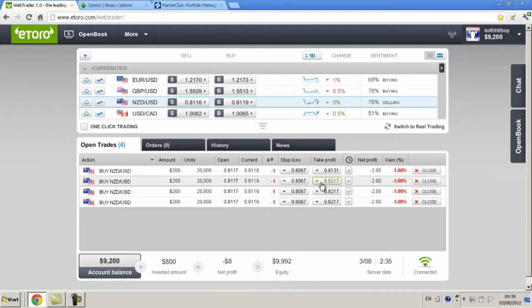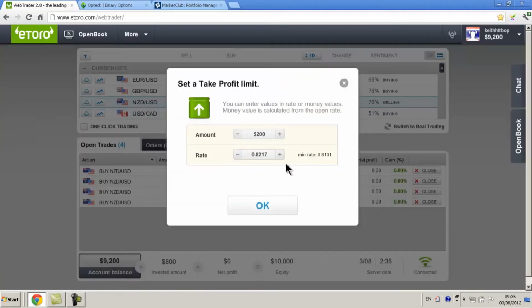Now the next one, these next 2, number 2 and 3, I want those to make $100 to cover this stop loss here if we get into profit. But I'm going to put it in the ratio of 4 to 6. So the first one I want to make $40.